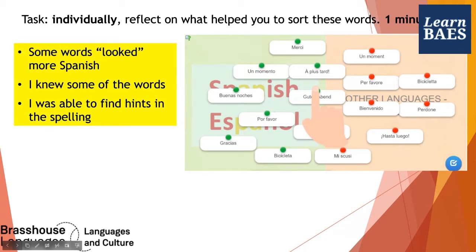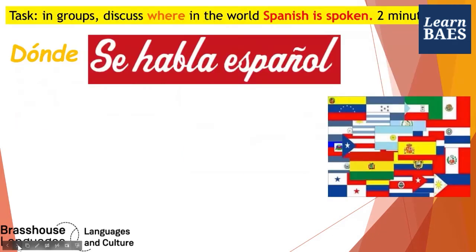That means that even if we don't have a conscious knowledge of Spanish, we already have a certain knowledge that will guide us to make the right choice, okay? So if we can now move forward, we're going to discuss a little bit ¿dónde se habla español?